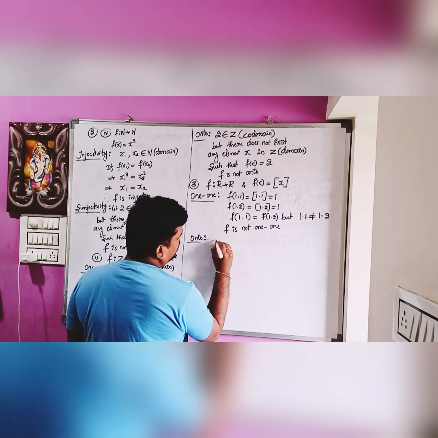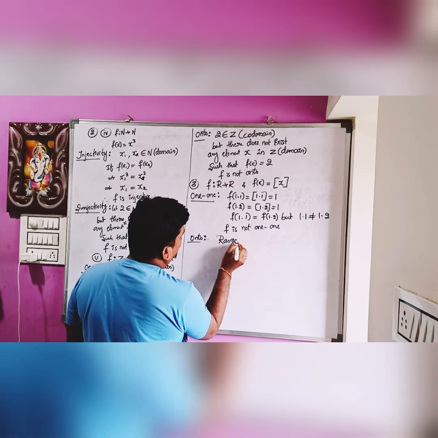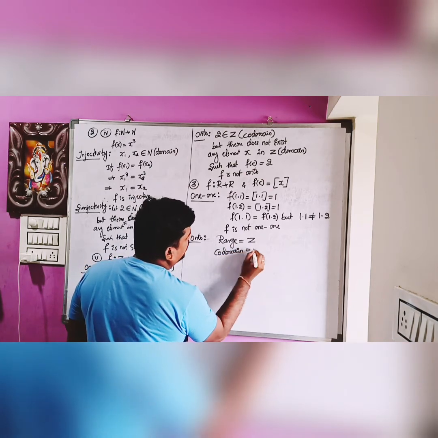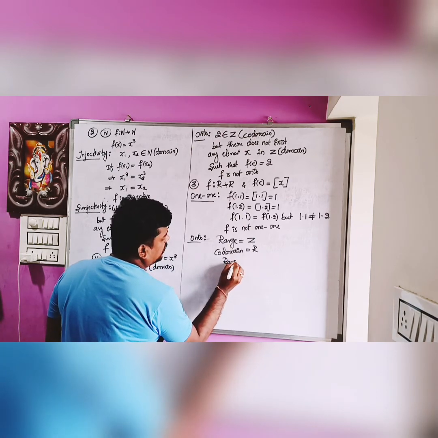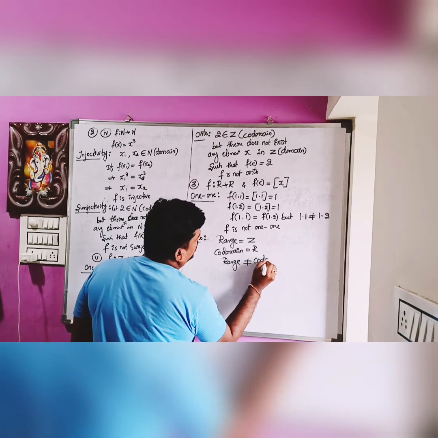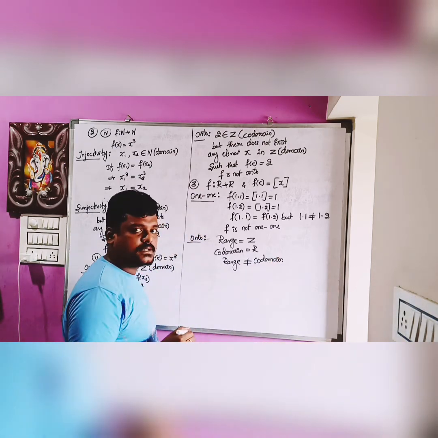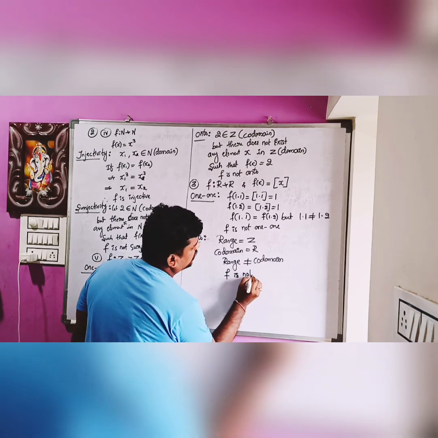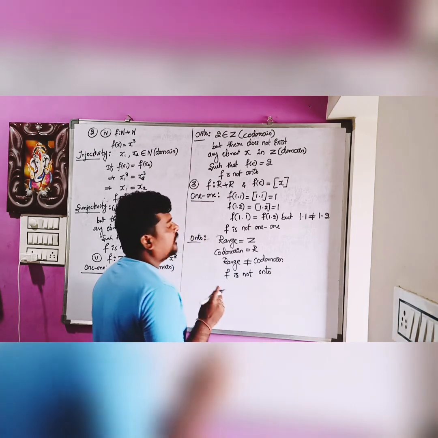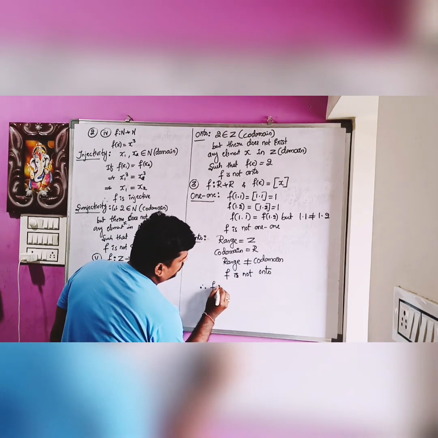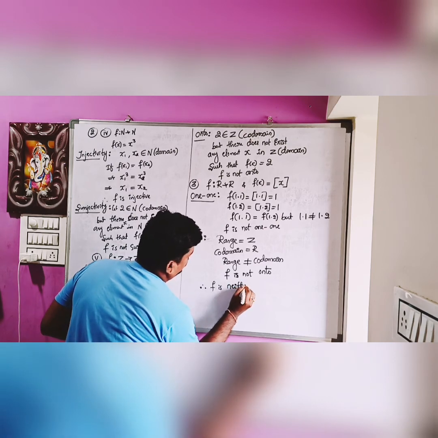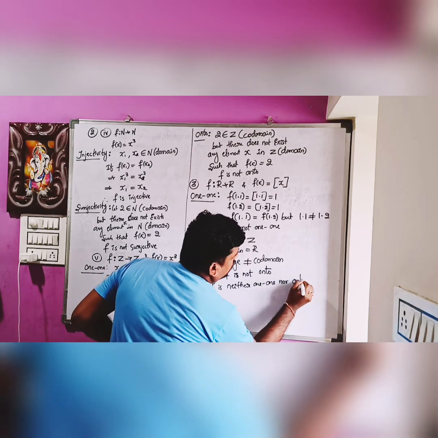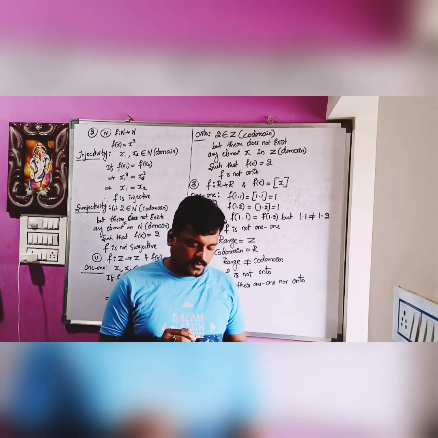So the range is not equal to the codomain, and this is enough for saying f is not onto. f is neither one-one nor onto function.